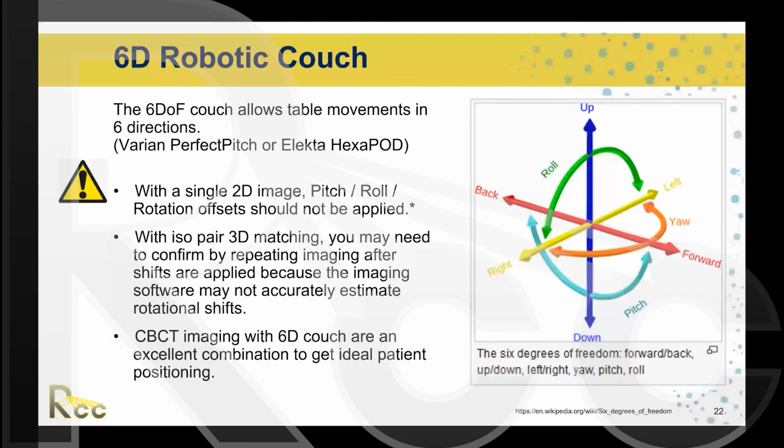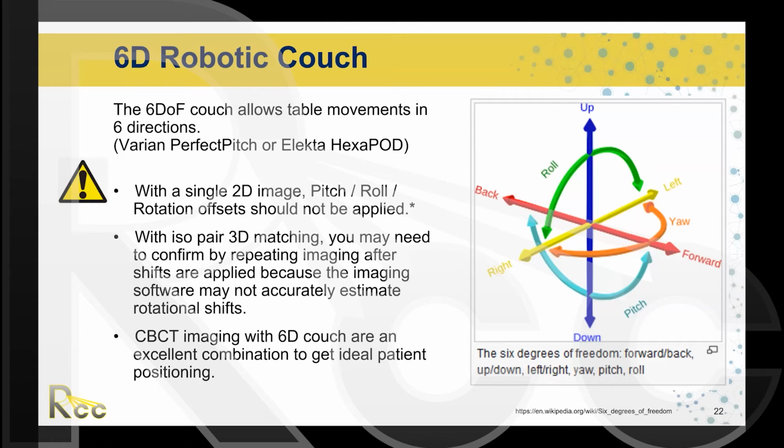Another note, again, not going to cover CBCT in great detail here, but with Cone Beam CT, we can apply shifts in all 6 directions, but we need to pay attention to the magnitude of the shifts in both planar and rotational directions and re-image where necessary. Looking at those shift protocols, it's very important to be mindful of those thresholds, but it's also important to be mindful of your degree of comfort with how the patient's being shifted and how they are positioned.